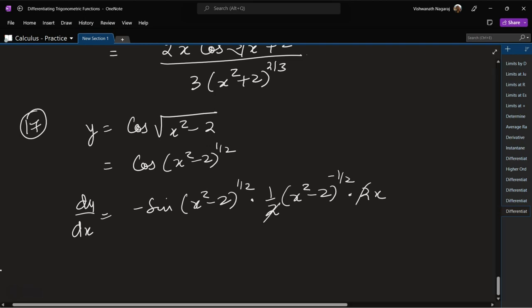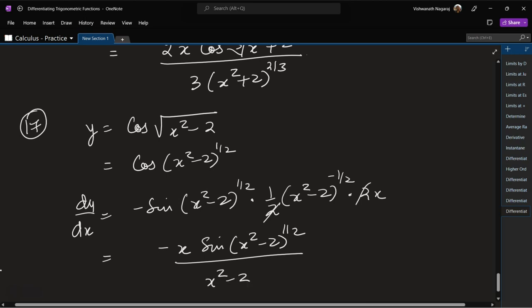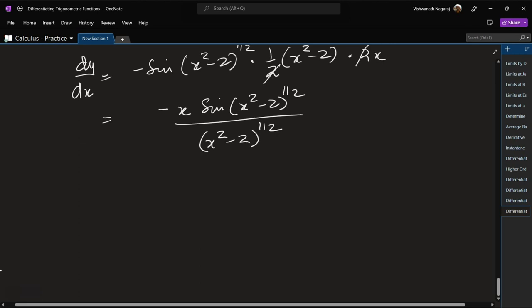So 2 and 2 cancels, and we have minus x sine x square minus 2 to the power of 1 by 2. This is negative exponent, so we bring it down. So x square minus 2 to the power of 1 by 2. And finally the 18th one.